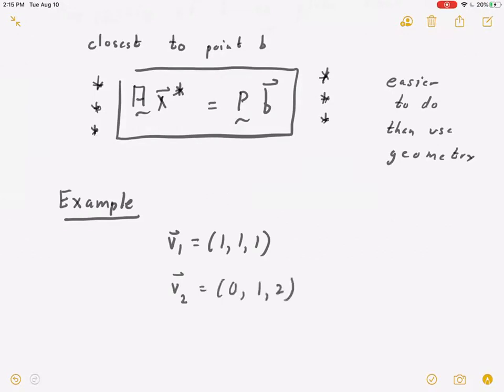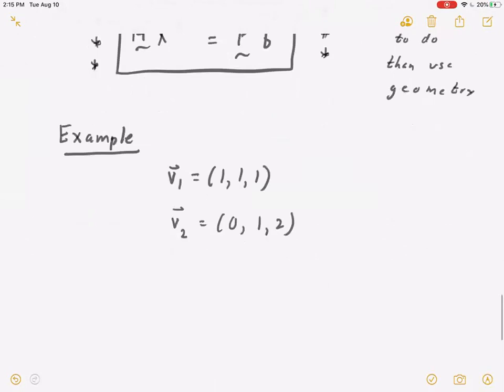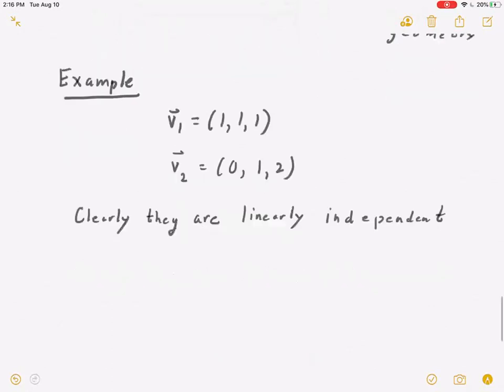These are vectors in 3 dimensions. They are vectors in R3. I want to check one thing at least about these vectors. It should be obvious that these vectors are linearly independent.